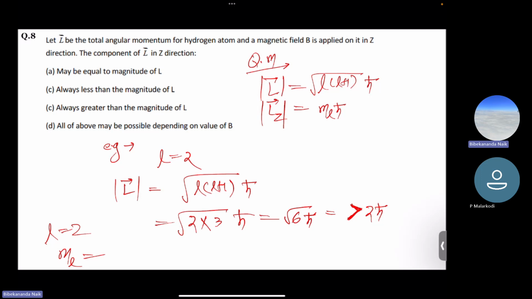For L equal to 2, ml is plus or minus L down to 0, so there will be 2L plus 1 values. So ml is minus 2, minus 1, 0, 1, 2. There will be 5 values.